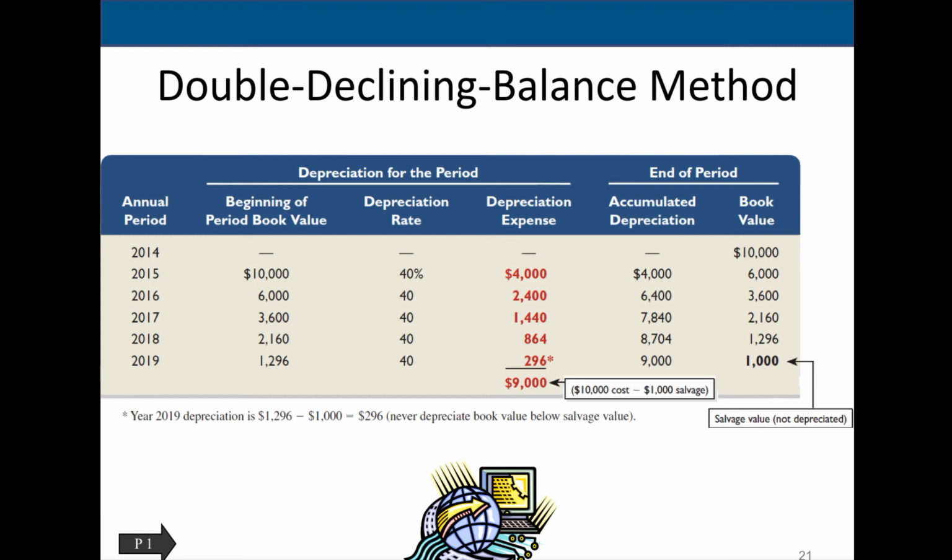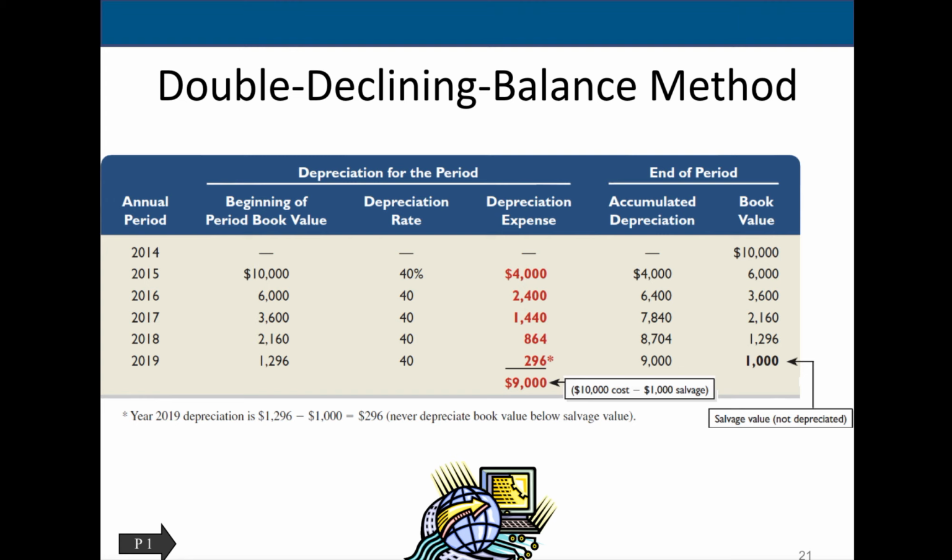And long story short, whatever your depreciable cost is, no matter which method you use, again, depreciable cost is just initial cost minus salvage value. Whatever that depreciable cost is, that's your cap max that you can recognize in depreciation. So no matter which method you use, once you hit 9,000, you're done with depreciation.